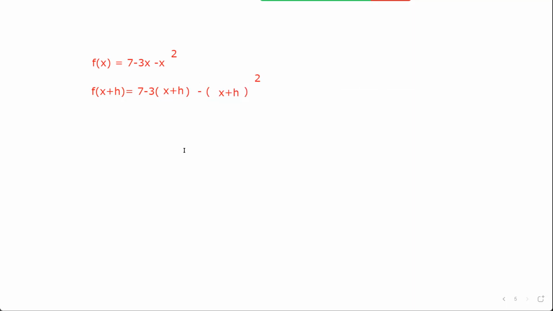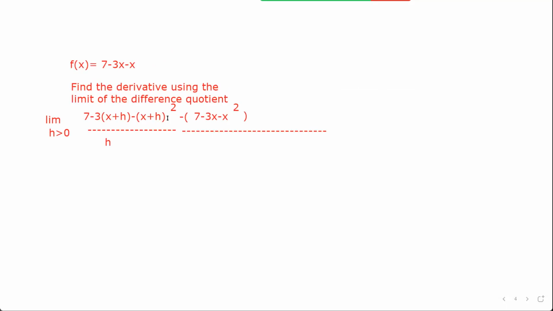Now, this piece, if I go back to the whiteboard here, this piece is f of x plus h minus f of x, which is this, right?